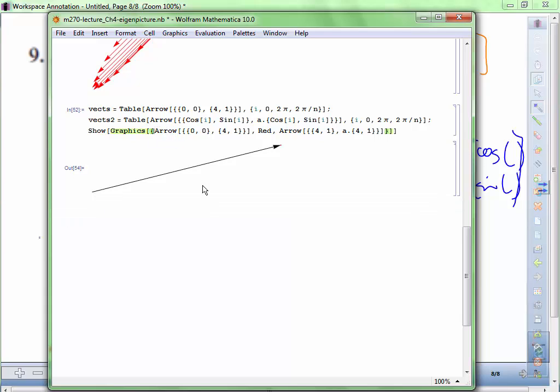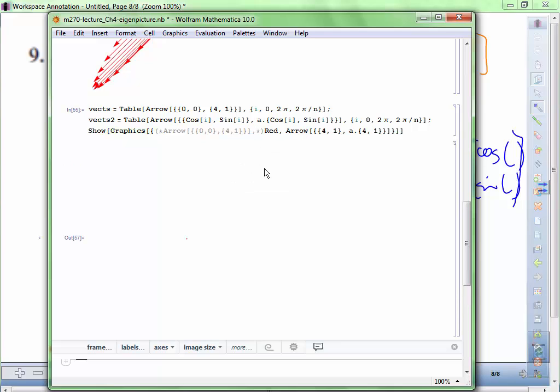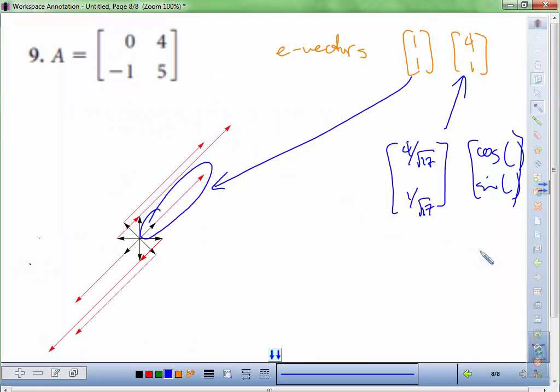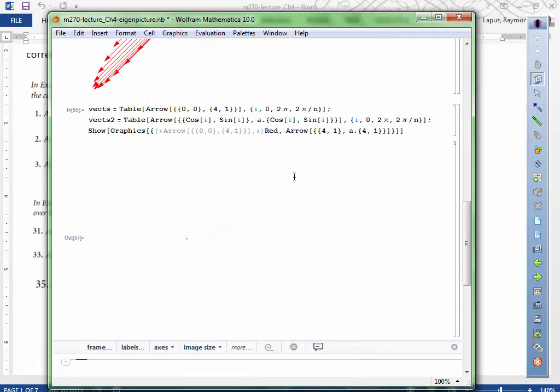Wonder what that means. It's just a dot. Is that good? It's supposed to be 4. What's the eigenvalue for this eigenvector? Was it 1 or 4? Those are one. It was 1. So, what am I doing wrong here?